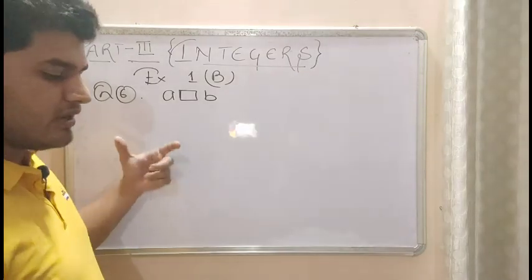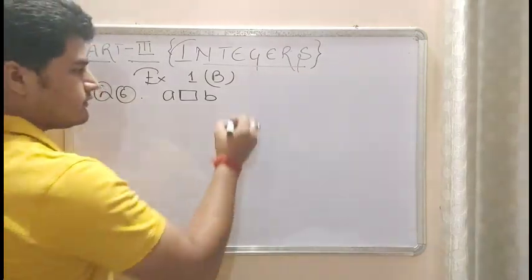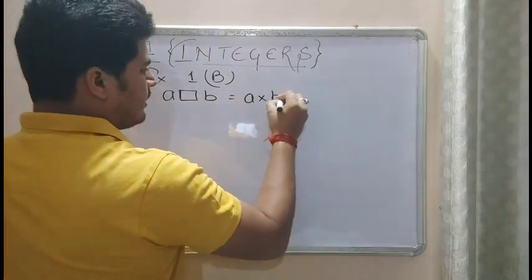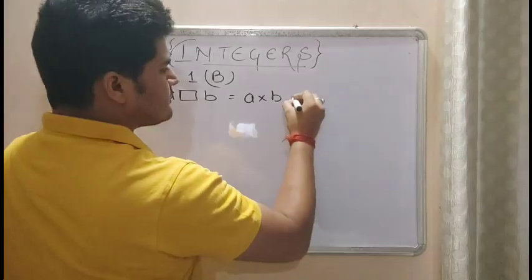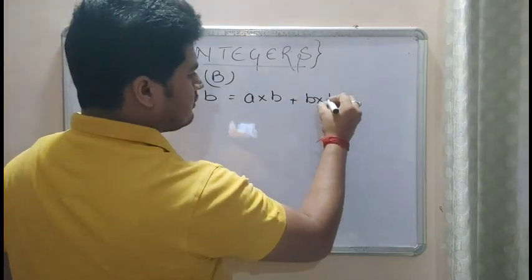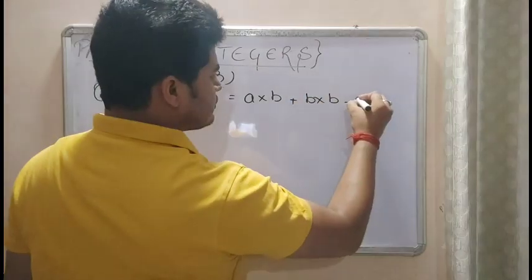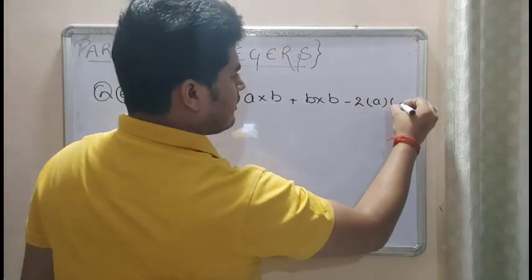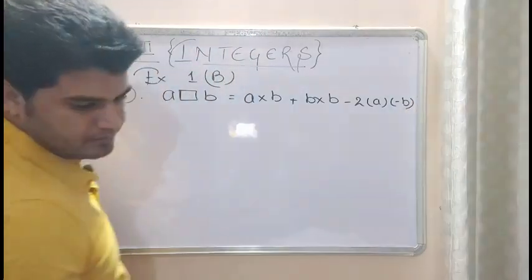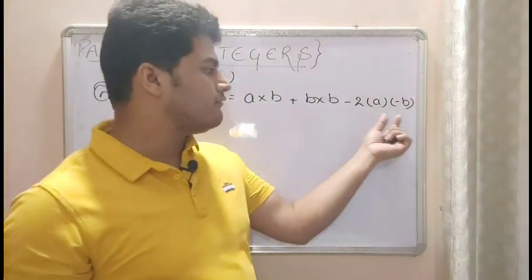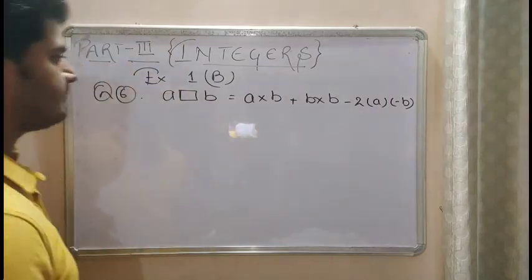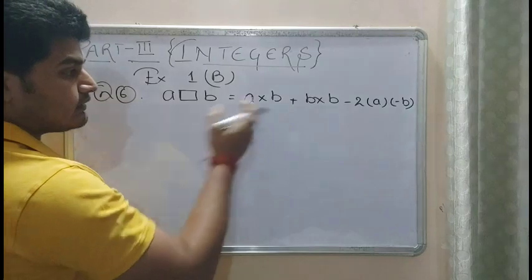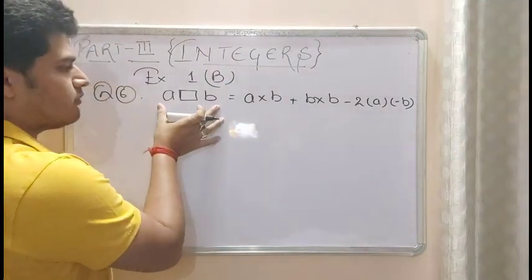It has not been mentioned, and this function means that you have to do A into B plus B into B minus 2A and minus B. In the book it is written multiply. I have placed brackets over here. Brackets also mean multiply.